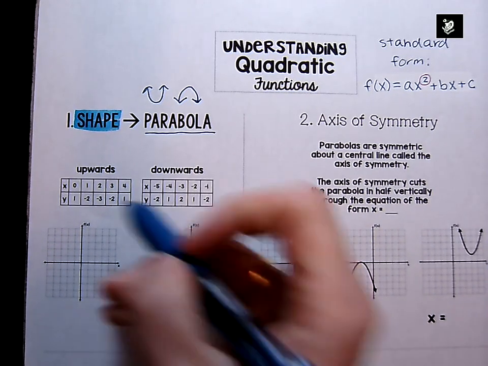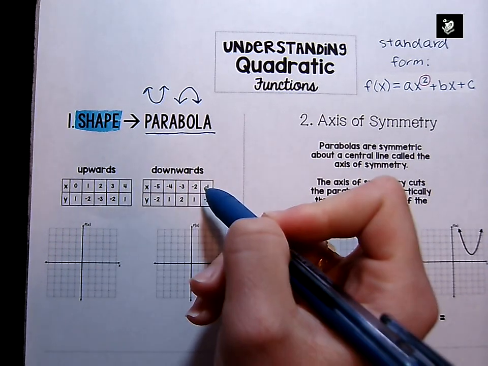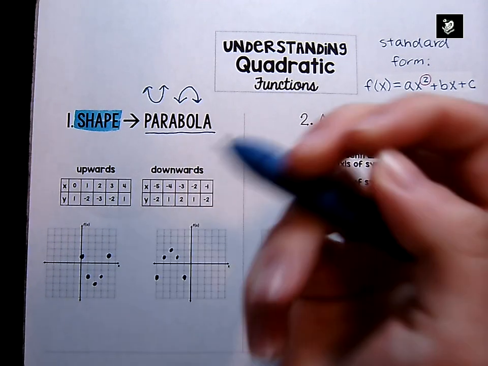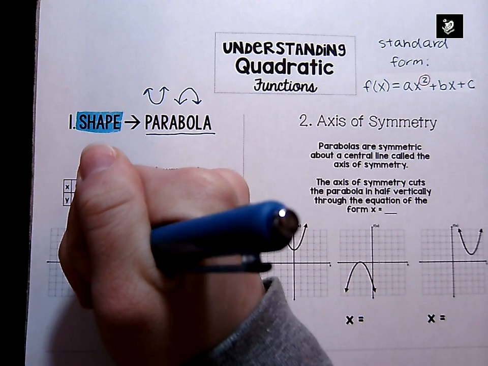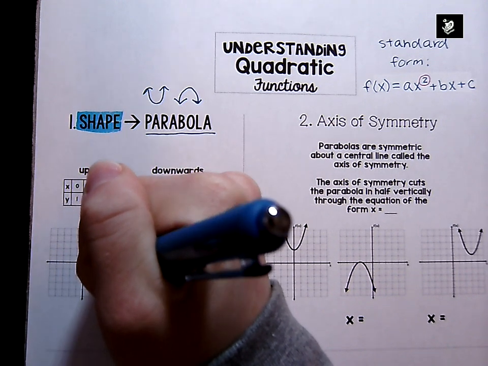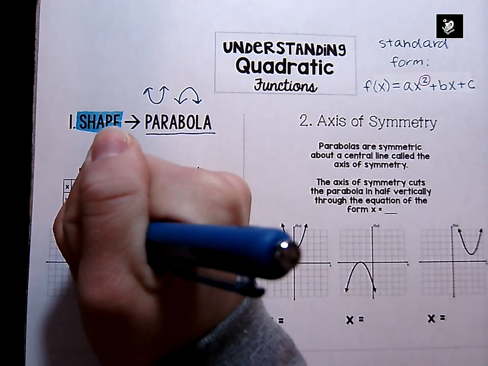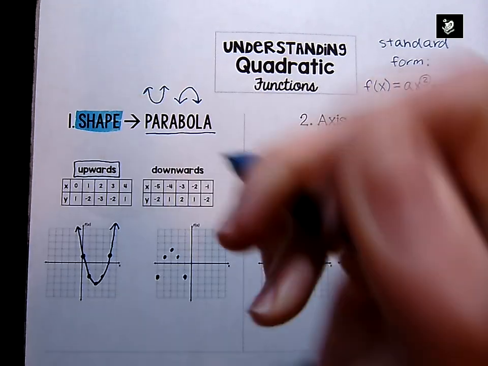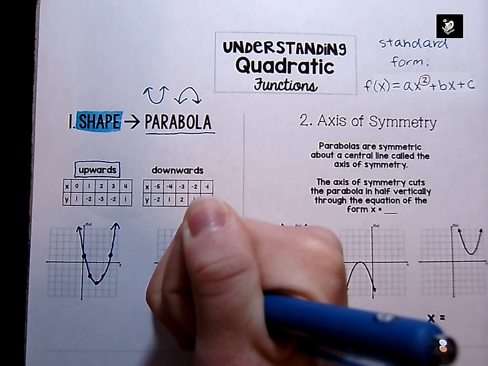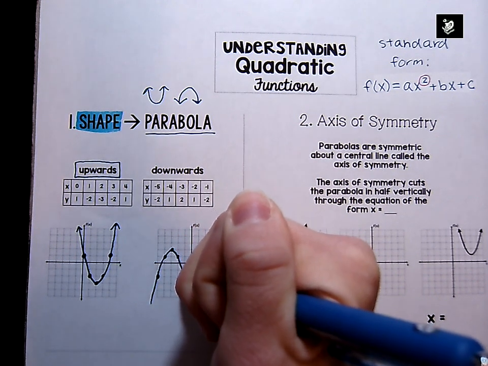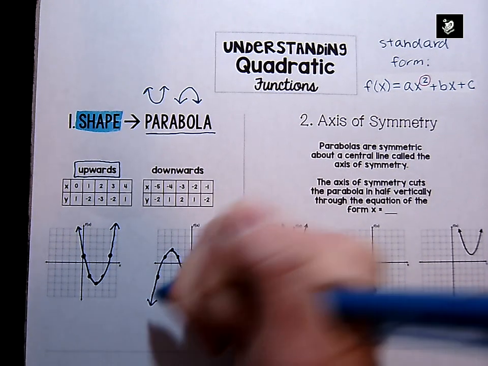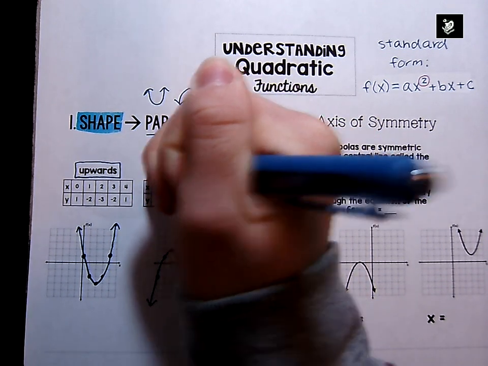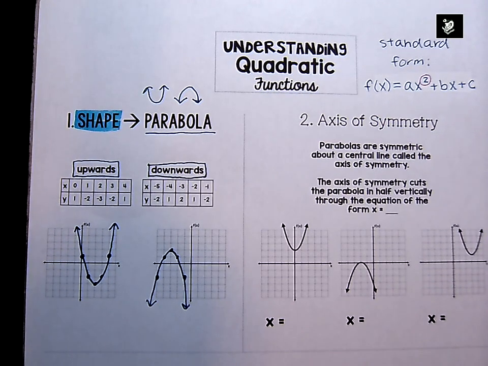So if I graph each of these, which I'm going to do right now, so you can see this first parabola, if I connect all the points with one smooth line, the parabola is opening upwards. If I connect these points, you can see that the parabola is opening downwards. So those are our two possible shapes that we could have for a quadratic function.